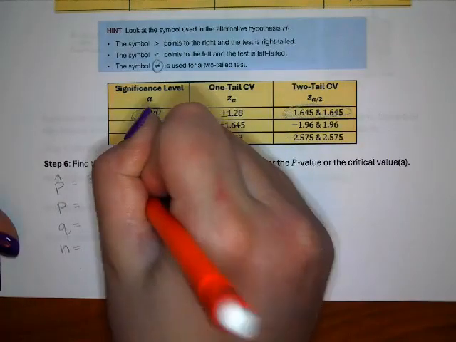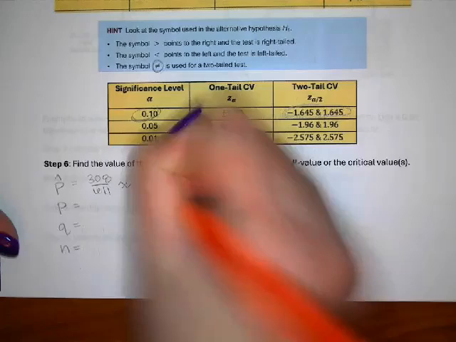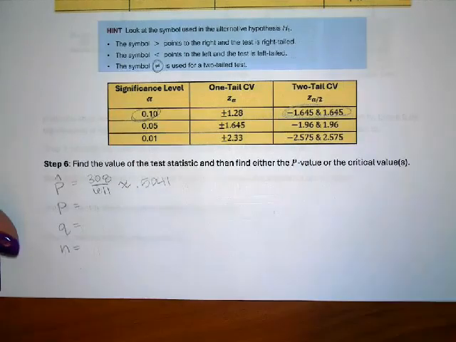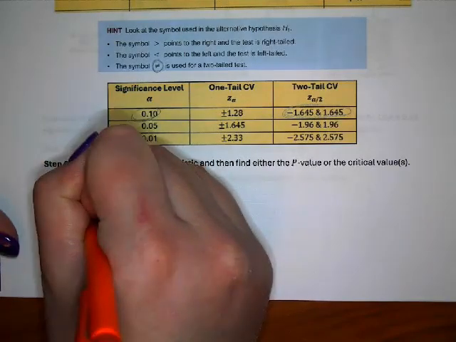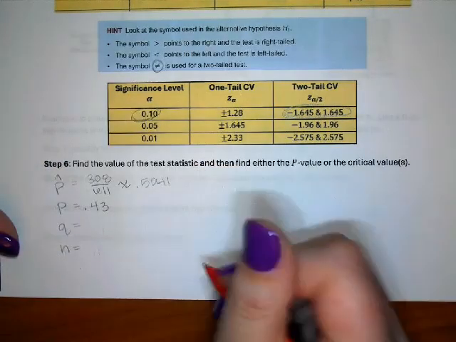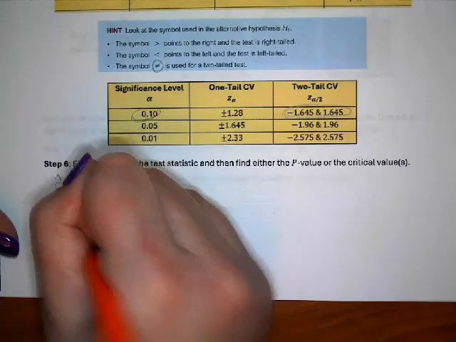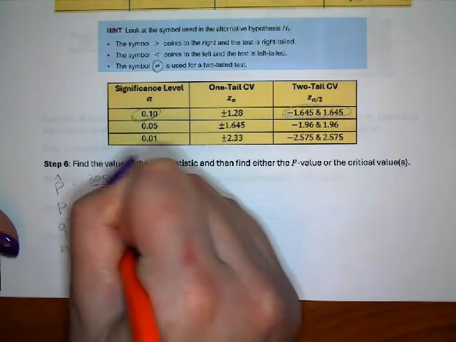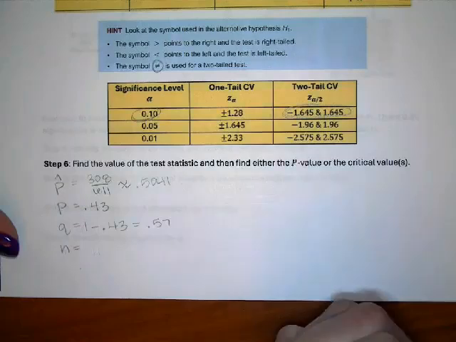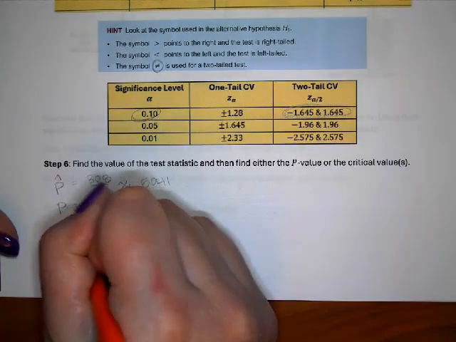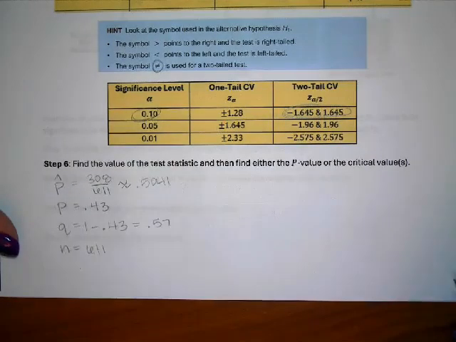I like to have about 4 decimal places for any number where I know it's not my final answer, since I'm going to use it in another computation. The p-value was given to me in the problem, 0.43. The q value is the complement of p, so 1 minus p, that's 0.57. And then the n value is the size of the sample, which was 611.